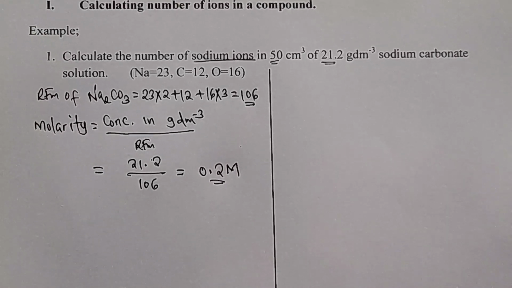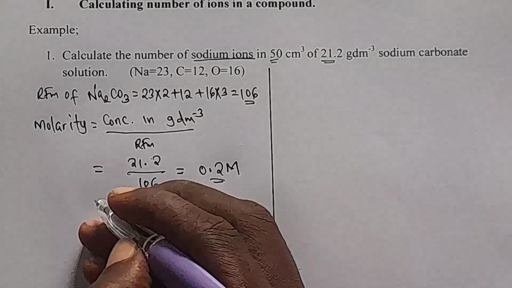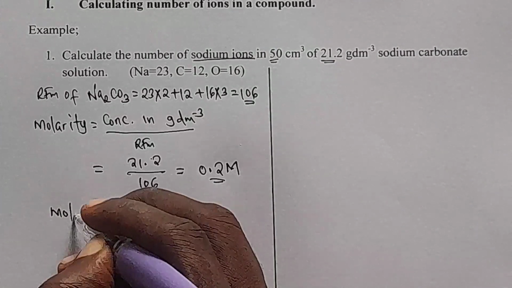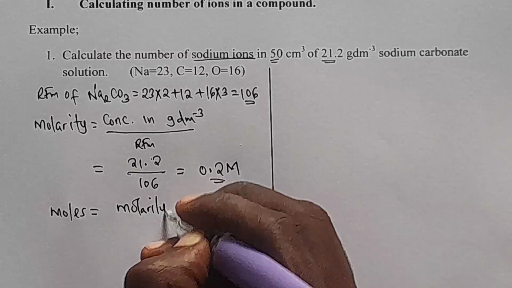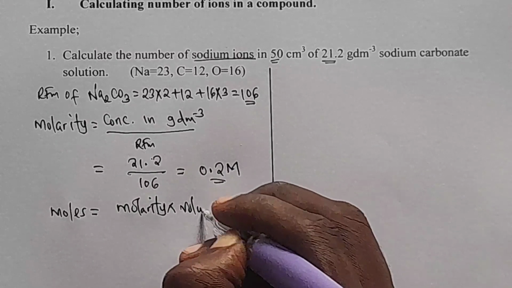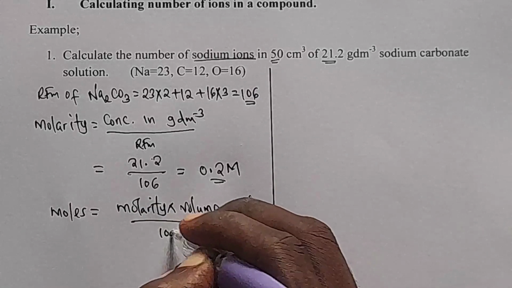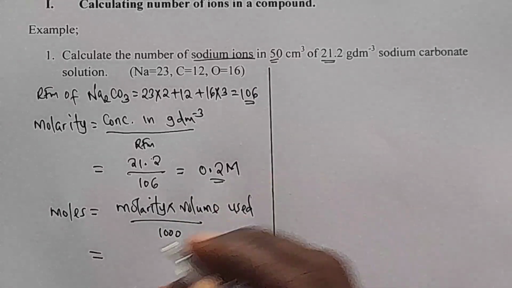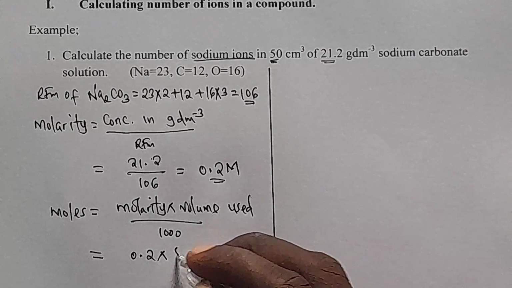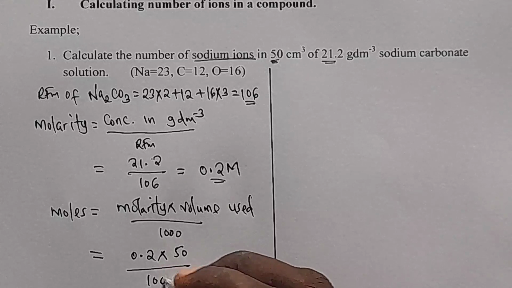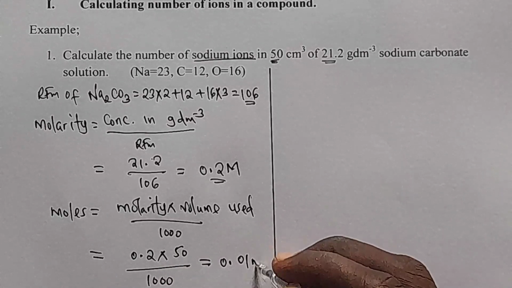Next we look for the number of moles of the sodium carbonate solution, and the formula for calculating moles is molarity times volume used over 1000. So in our case, molarity is 0.2 times the volume used, 50 centimeter cube, divided by 1000, which gives 0.01 moles.